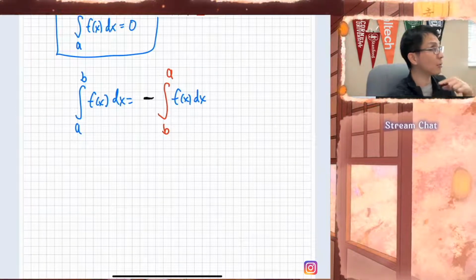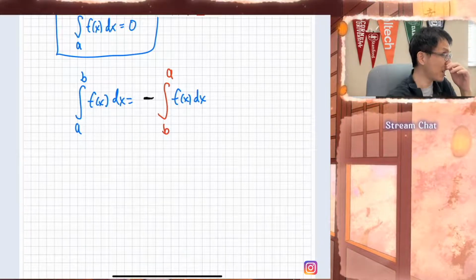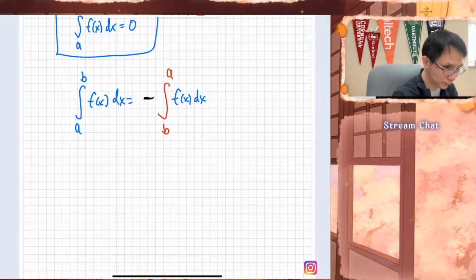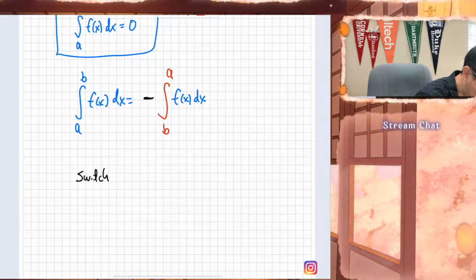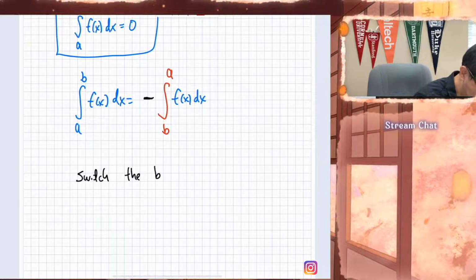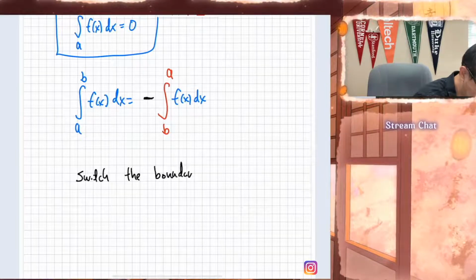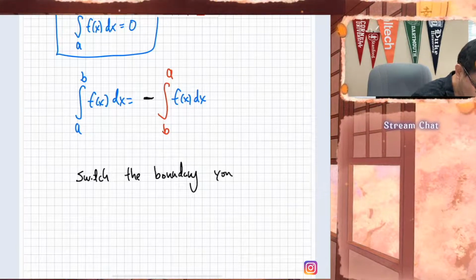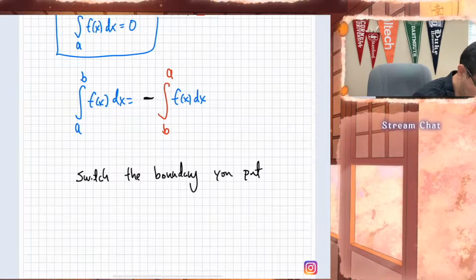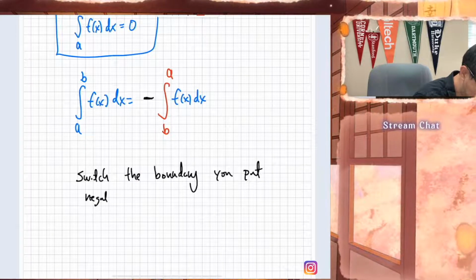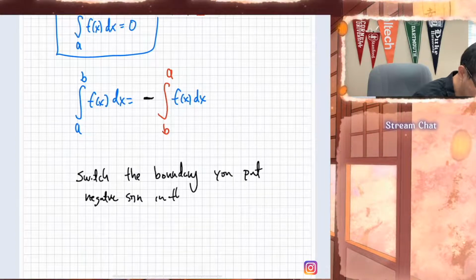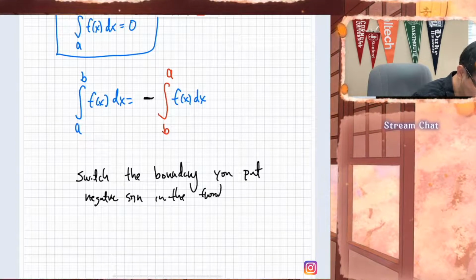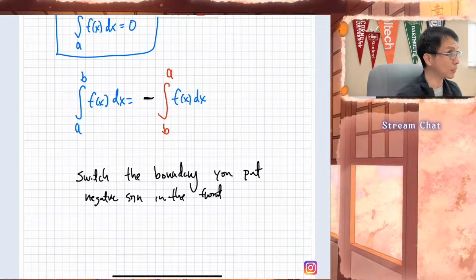So if I ever switch the boundary, I have to insert a negative sign in the front. So if I switch the boundary, you need to put a negative sign in the front.